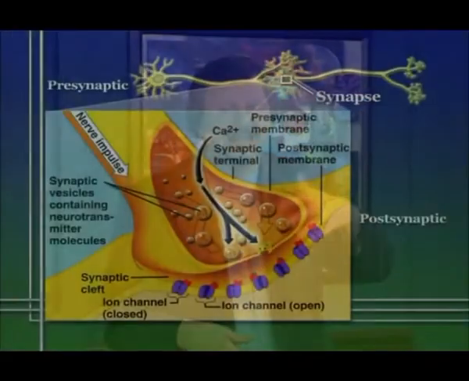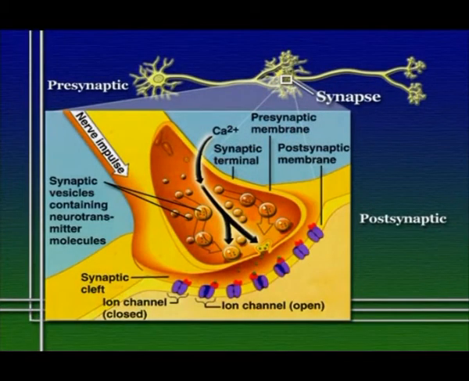Now, the way that this works is actually interesting and complicated, and we don't have time to go into it here, but by and large, it involves a second messenger, calcium ions actually, coming into the cell through their own set of voltage-gated channels when the presynaptic side of the cell depolarizes. As calcium rushes into the cell, the calcium as a second messenger triggers a number of molecular events that move the vesicles to the membrane, cause those vesicles to fuse with the membrane, and release their chemical contents into the cleft. In this way, the electrical signal has been transduced to a chemical signal.